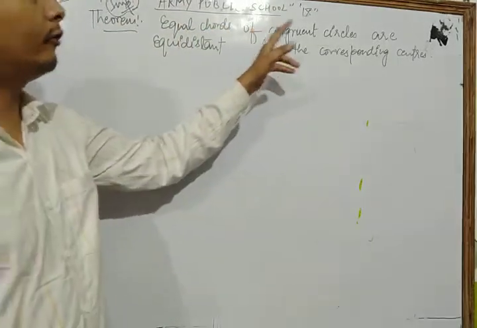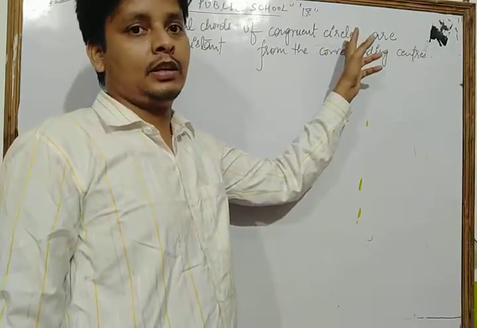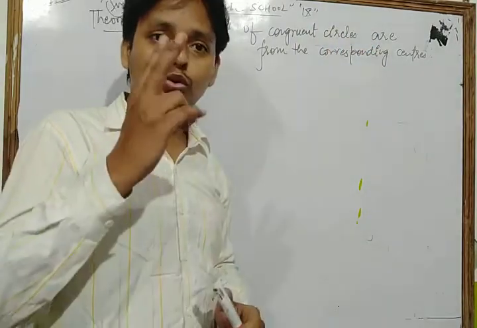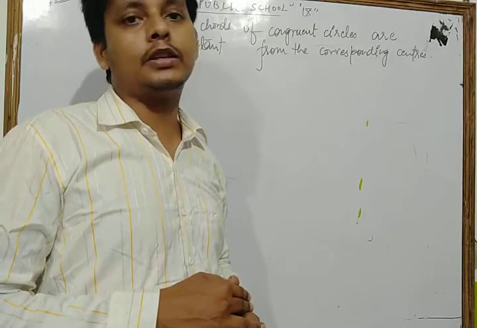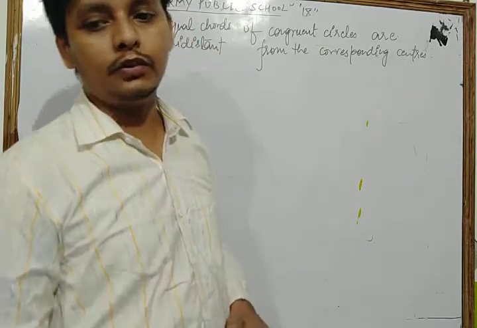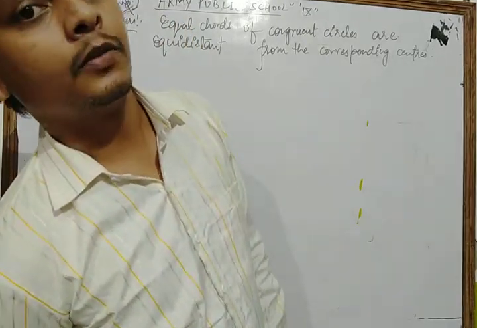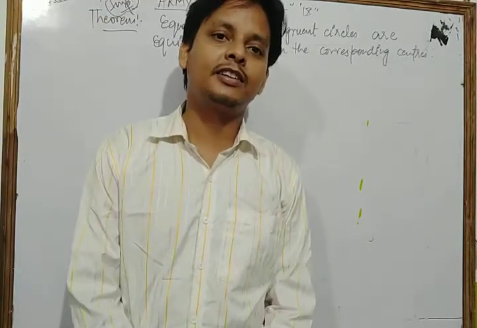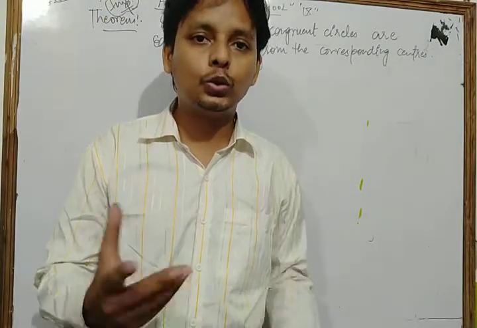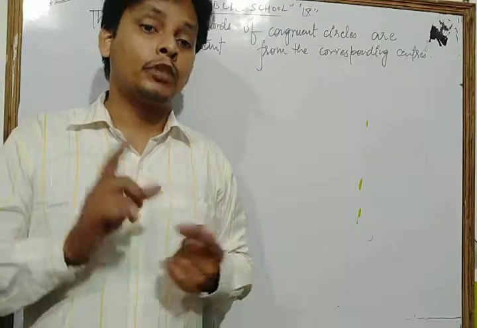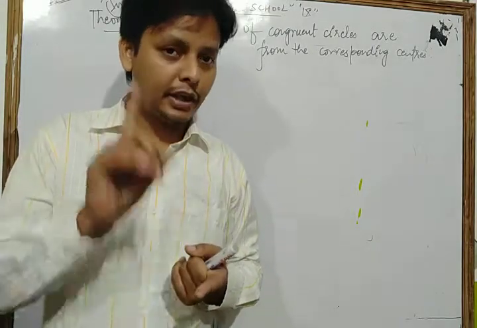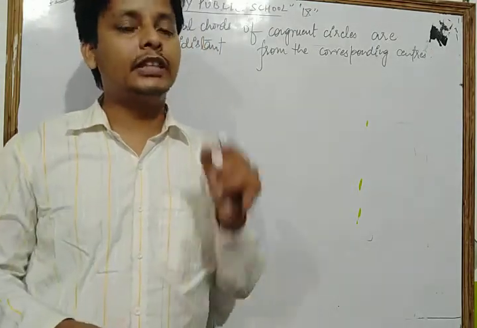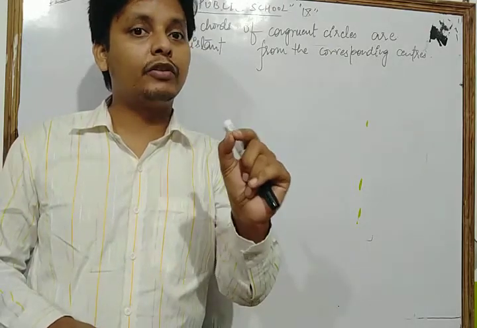Here, dear students, regarding equal chords of congruent circles, we draw two congruent circles. Two circles are congruent if and only if their radii are the same.